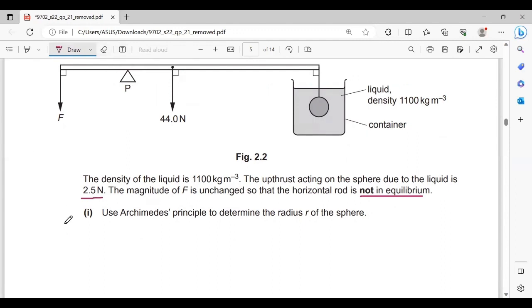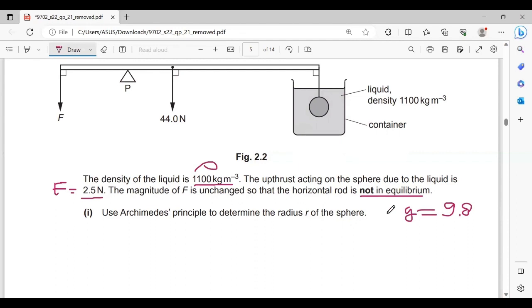This force is 2.5, while rho is 1,100. For the gravitational field strength, I'm going to use 9.8.